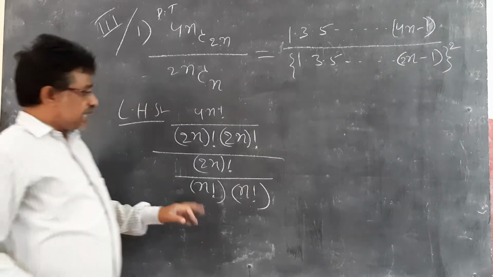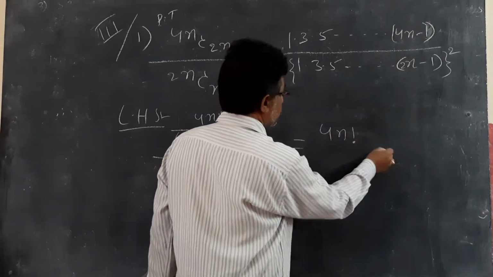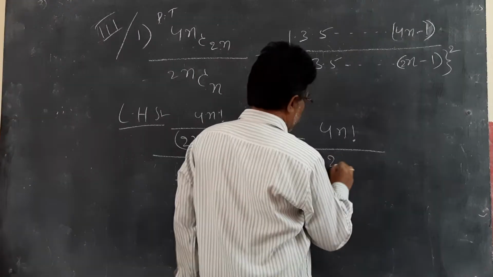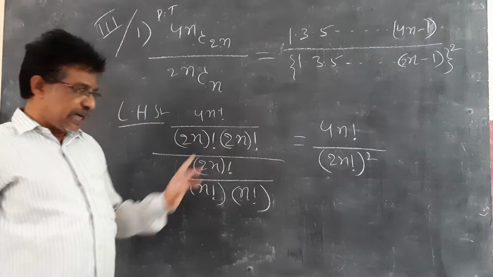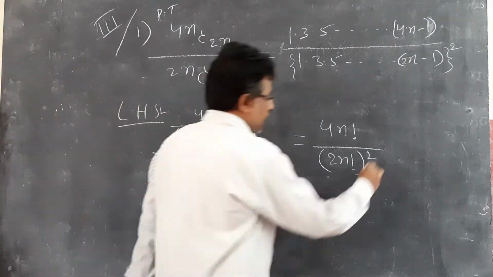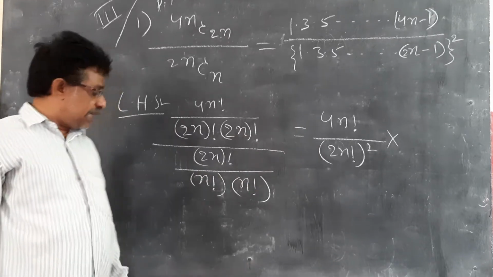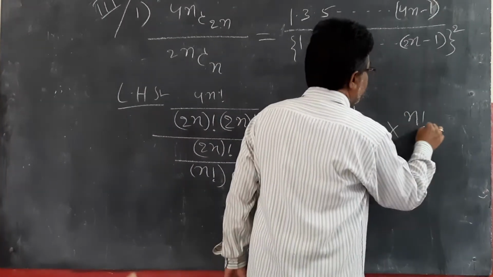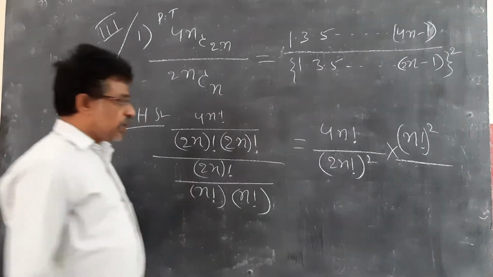Now this I will write as 4n factorial by 2n factorial whole square, into the reciprocal: n factorial into n factorial whole square by 2n factorial.